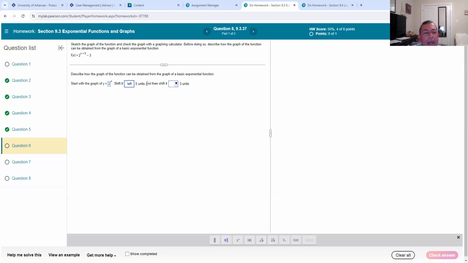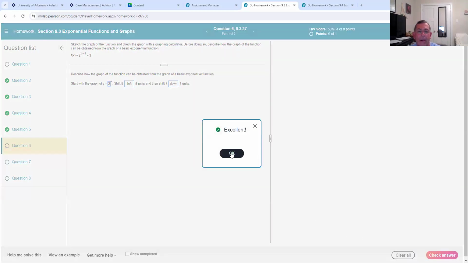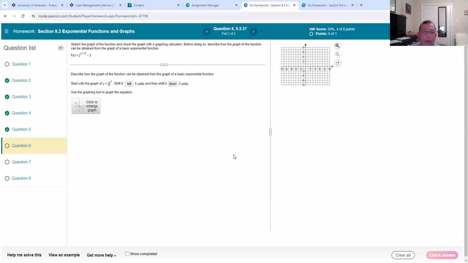And then shift it blank 3 units. Well, y'all, that 3 is being subtracted from the end of the function. And remember, when you subtract from the end of the function, that's going to move you down 3 units, okay? So then you check that answer and move on.